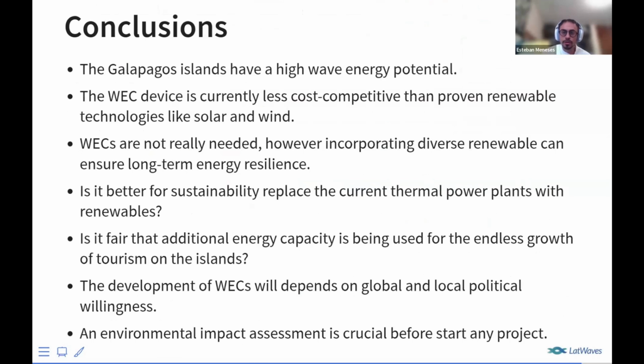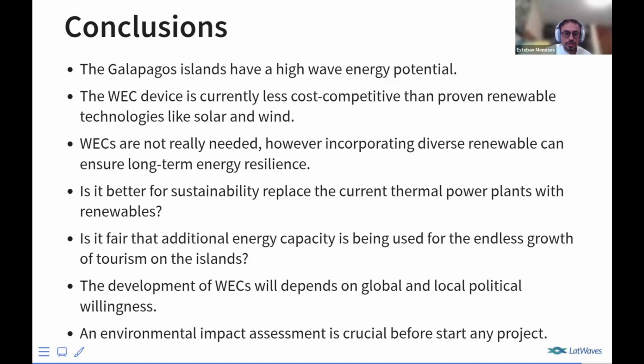So it's feasible to change the power sector in the Galapagos with just solar and wind, but you have to consider that the land in the Galapagos is very limited because it's a national park, basically. In addition, WECs are not really needed in the islands. However, incorporating diverse renewables can ensure long-term energy resilience in the islands.